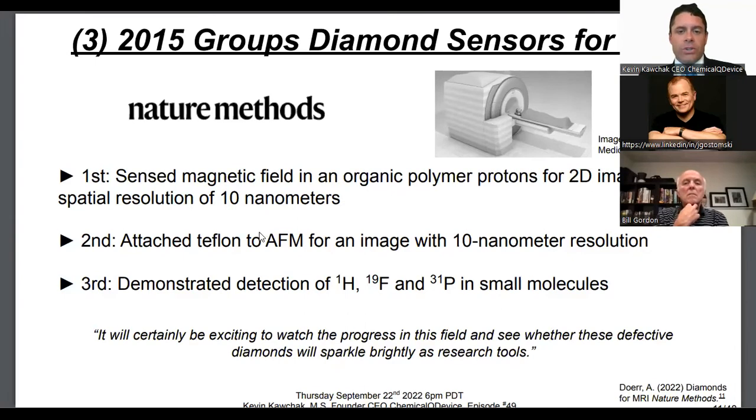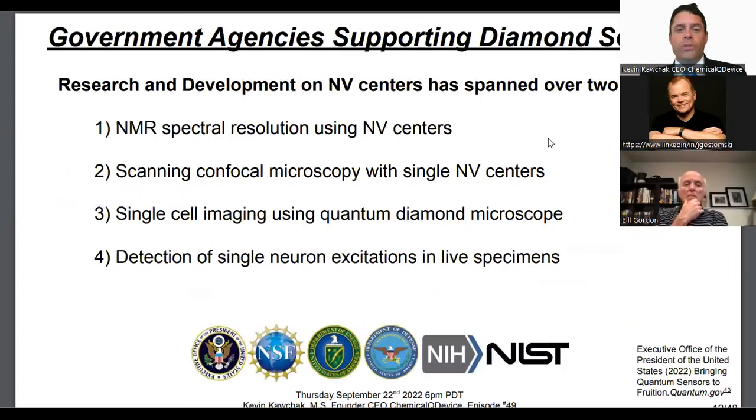Some of these studies are preliminary: Teflon, organic polymers, and then proton, fluorine, phosphorus 31. But these things have been done for a while, and it says it will certainly be exciting to watch the progress in this field and see whether these defective diamonds will sparkle brightly as research tools.